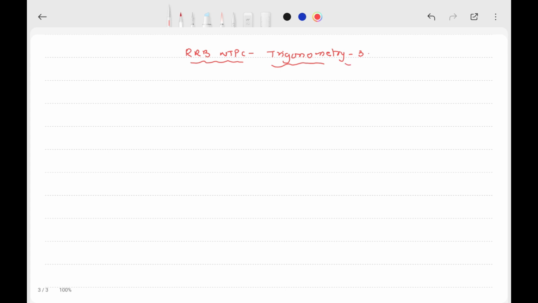It gives insight about the compounding angles and their calculations for sin theta, cos theta, tan theta, cosecant theta, secant theta and cot theta.